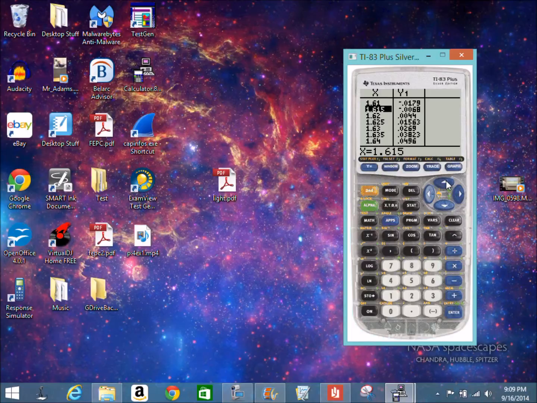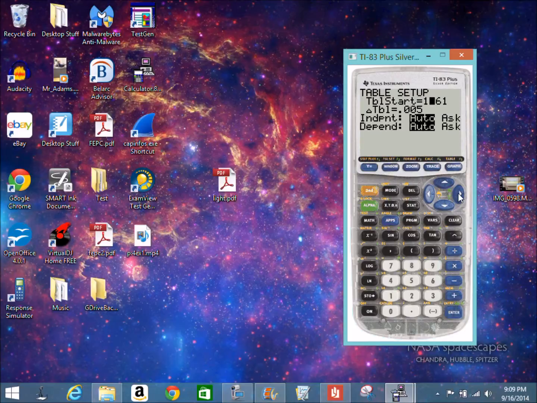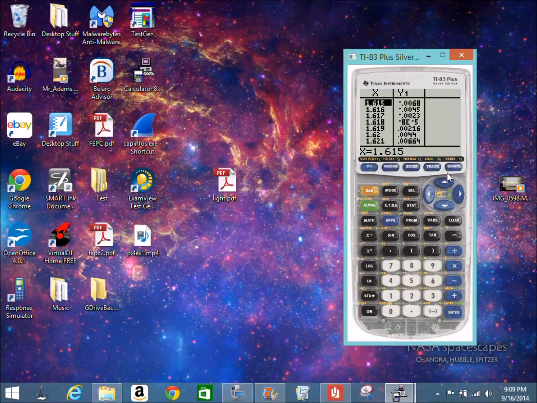And so I can come back, set my table to 1.615, and now I can come over here and count by 0.001. And what that lets me do is I can really get really close. And so just by guessing, I would say 1.68 or 1.69 would be my x value for the solution. And that's about what we had before.